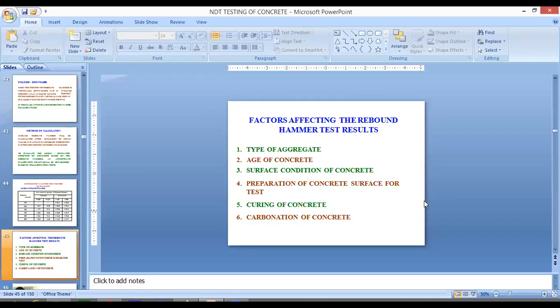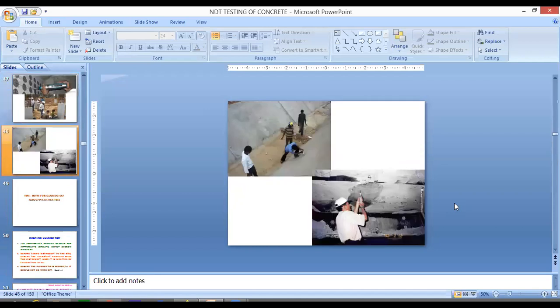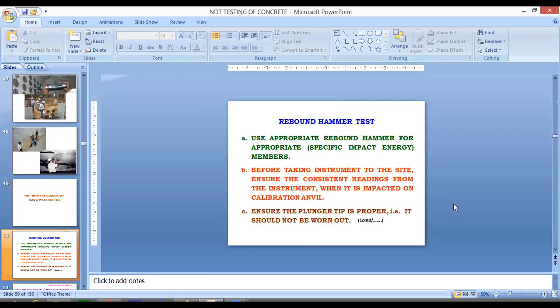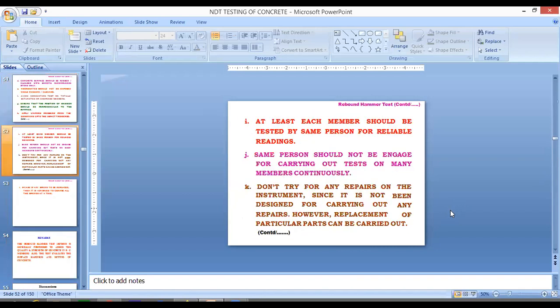As we all know, non-destructive tests are very important to do a forensic study on civil structures, to investigate the failure of a structure, and to carry out proper maintenance of the structure.